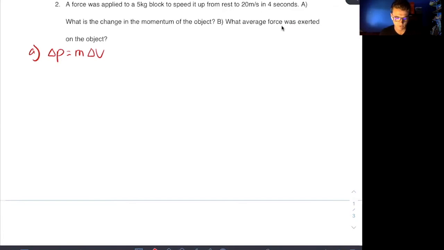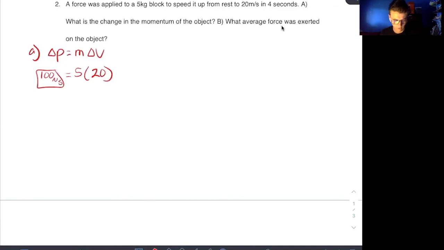So the change in velocity is 20 meters per second, and the mass is 5 kilograms. You just plug that in, 5 kilograms times 20, and that'll give us 100. So our change in momentum is 100 newton seconds.